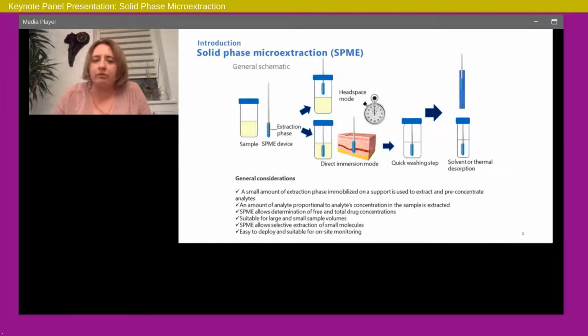So the workflow that Janusz discussed with you also applies here. After extraction, the fiber is quickly rinsed, and then it goes to an organic solvent or organic-aqueous solvent mixture. Then we inject this extract into a chromatograph coupled to a mass spectrometer in most cases.